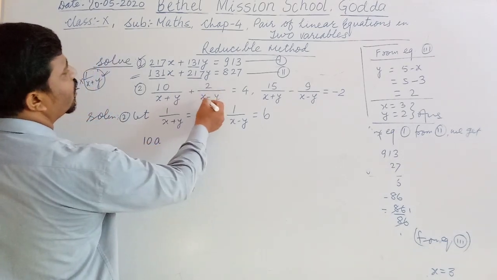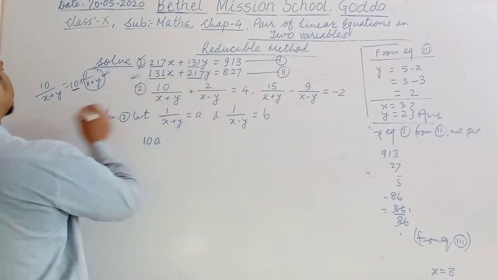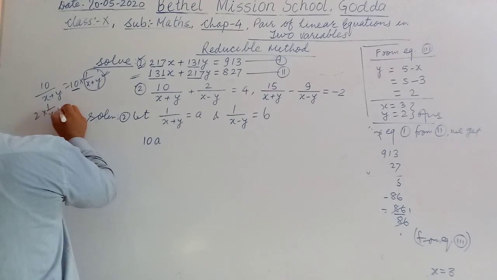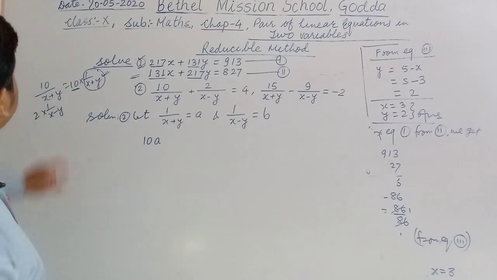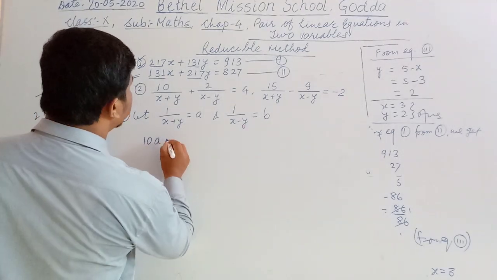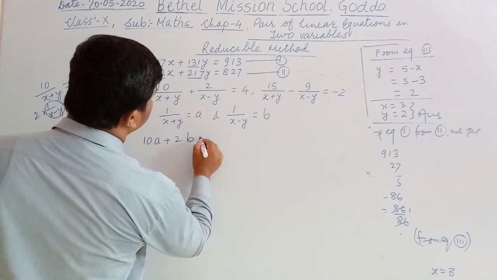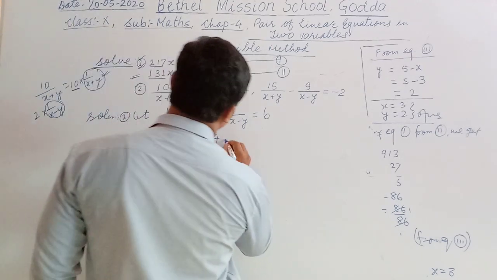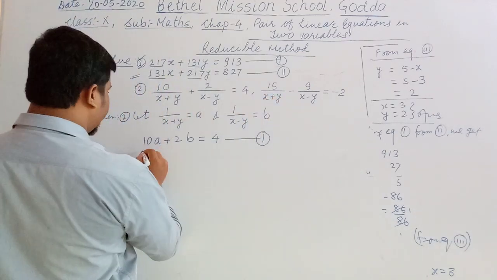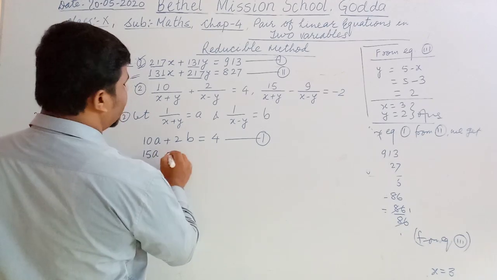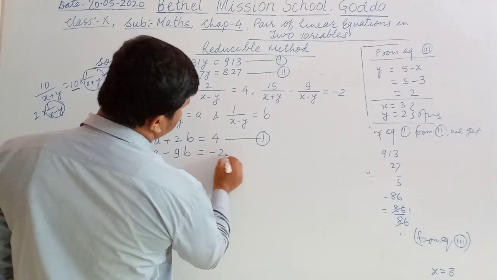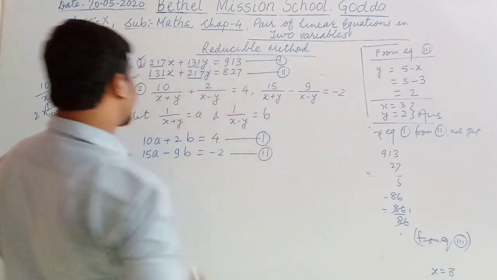And here 2 upon x minus y is 2 into 1 upon x minus y, and its value we have supposed b. So we write 10a plus 2b equal to 4, and this is equation 1, and 15a minus 9b equal to minus 2, and this is equation 2.